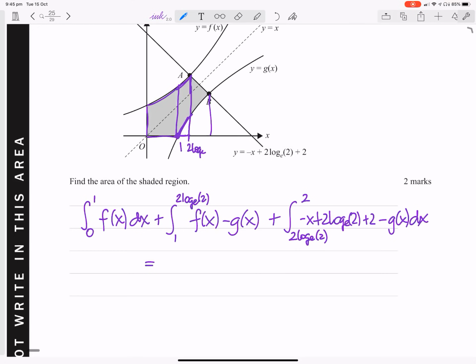Okay, and it must be a nice answer because it's find the area of the shaded region.